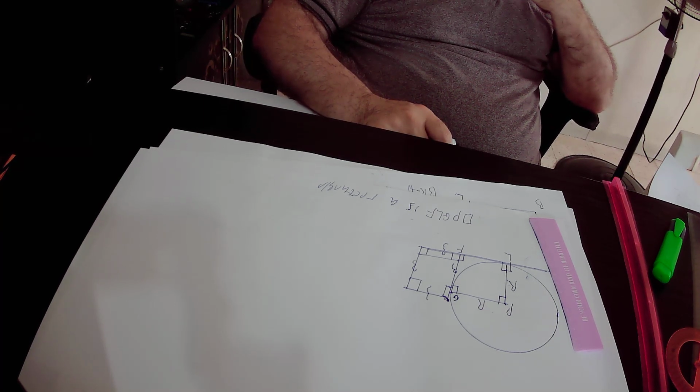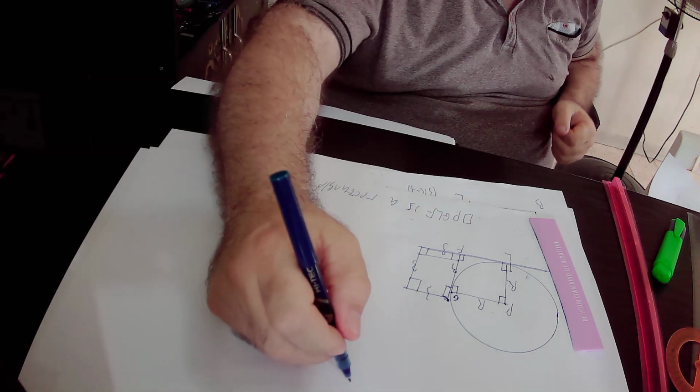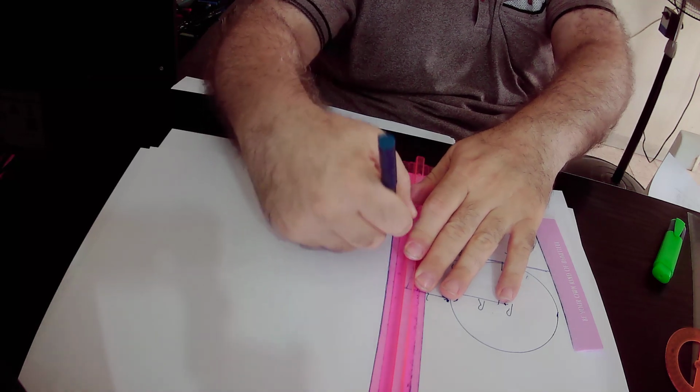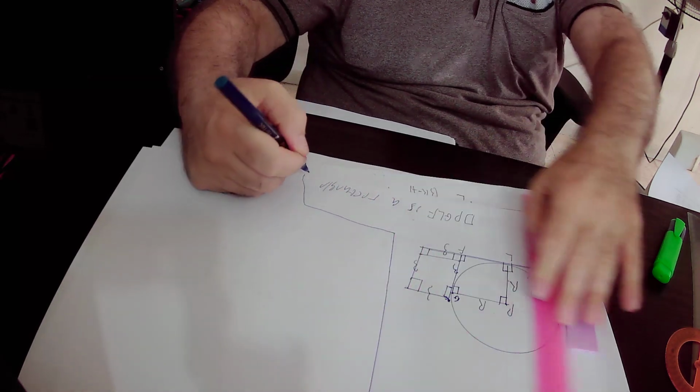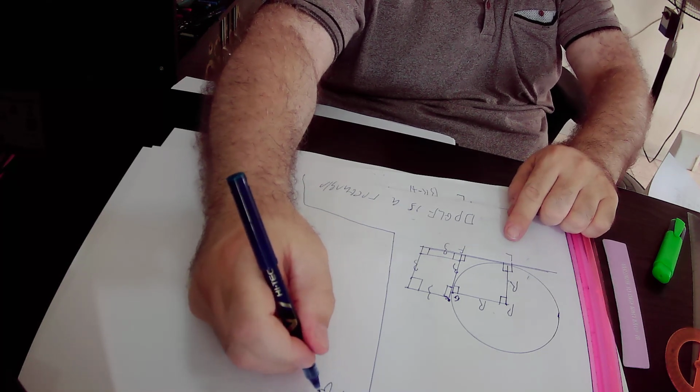We know that the opposite sides of a rectangle are equal to each other. That is to say, side PG of the rectangle is equal to side LF.